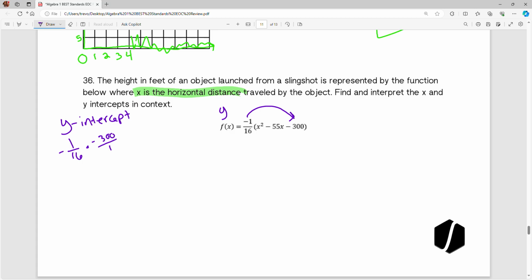And if we put that over 1, right, because that's a whole number, we can put it over 1 if we want to. Then we got negative 300 over negative 16. And a negative divided by a negative is going to turn to a positive, so those cancel each other out. And then when you divide that on a calculator, you get 18.75 for your y-intercept.